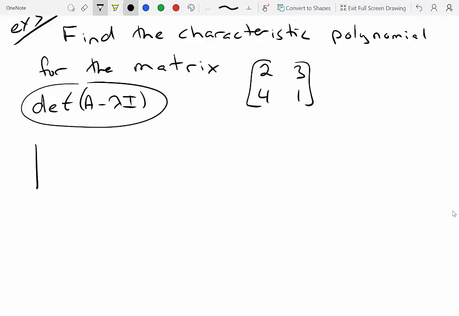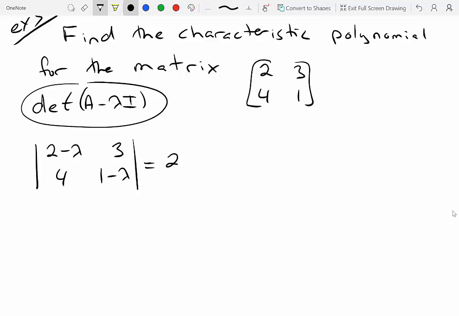And in fact, I don't even need to write A minus lambda I, because lambda I will always have lambdas down the main diagonal. So all I really need to do is subtract lambda from the entries on the main diagonal of the matrix A. So go to the main diagonal and subtract lambda from each one of those, and then calculate the determinant.